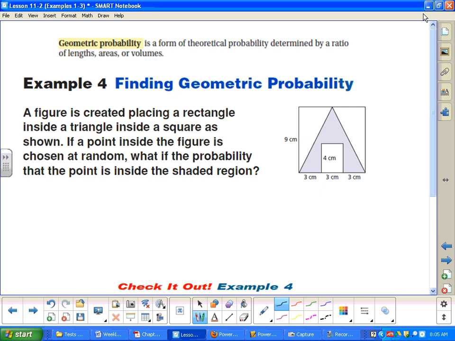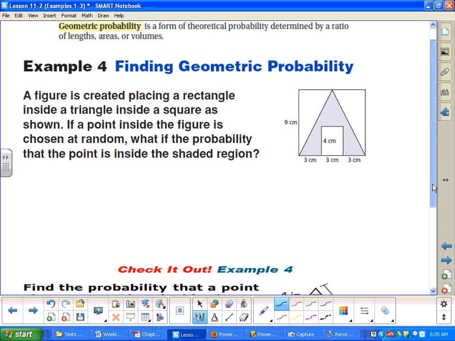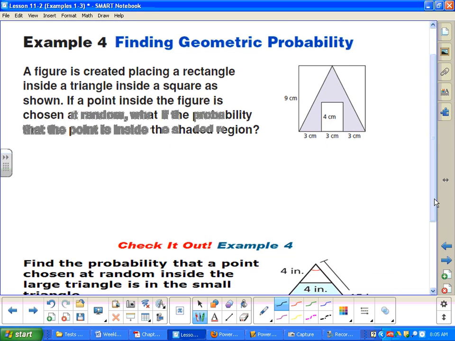And the question is, if a point inside the figure is chosen at random, what is the probability that the point is inside the shaded region? So we're still going to be working with finding our favorable outcomes and our total outcomes. So still in our denominator, we want what's the total.